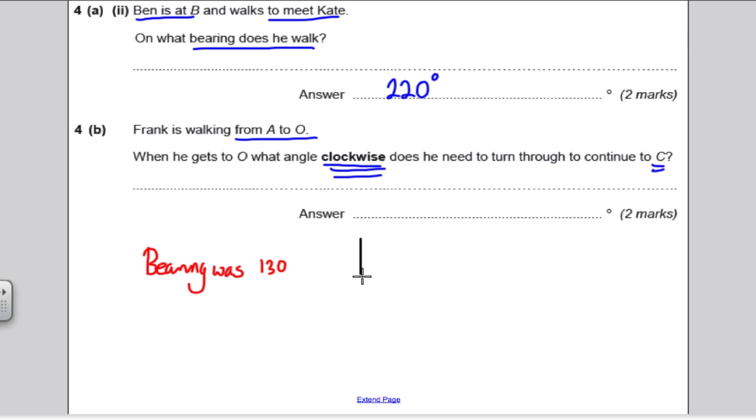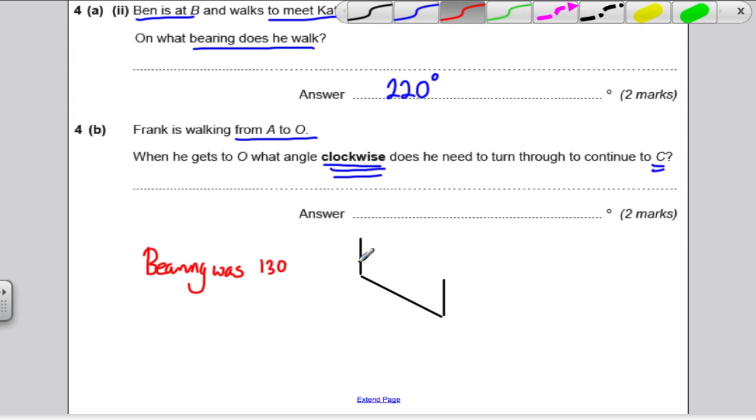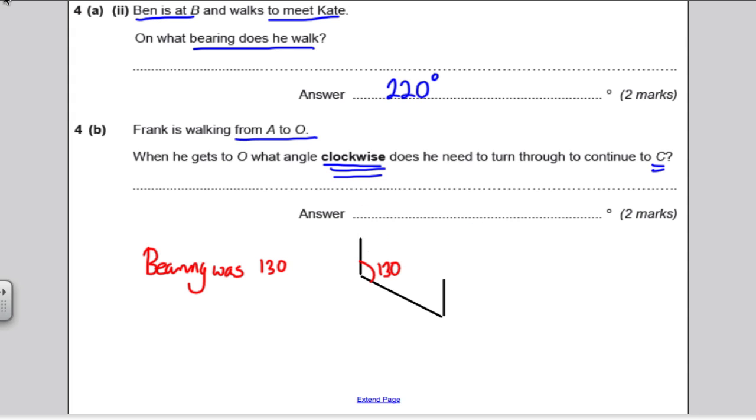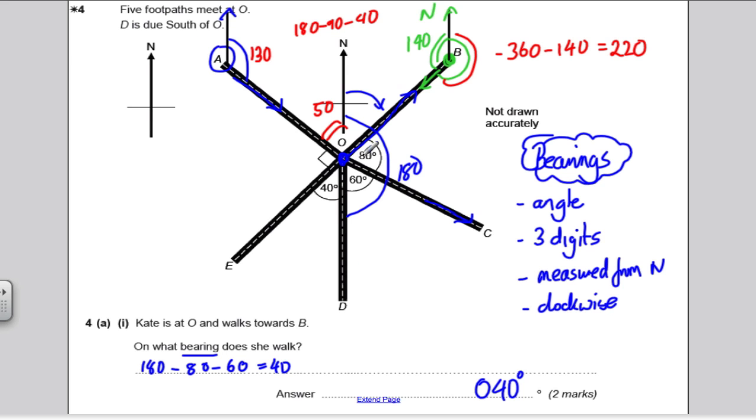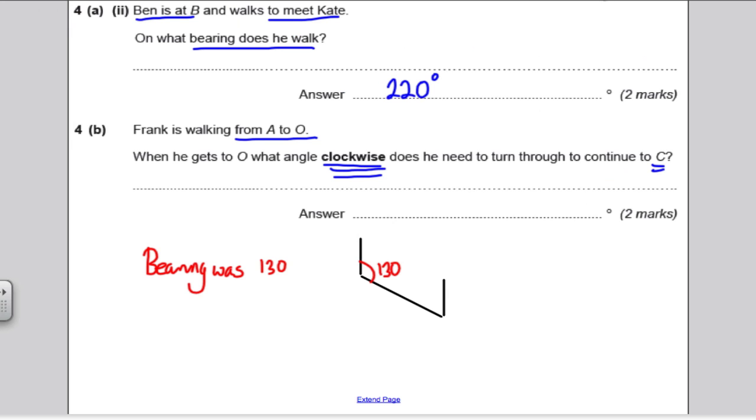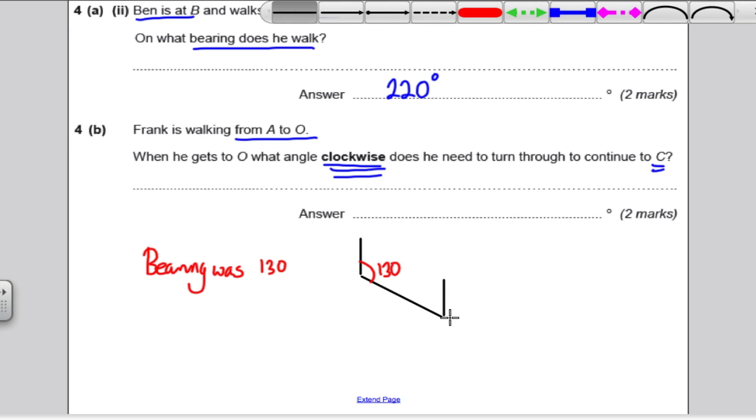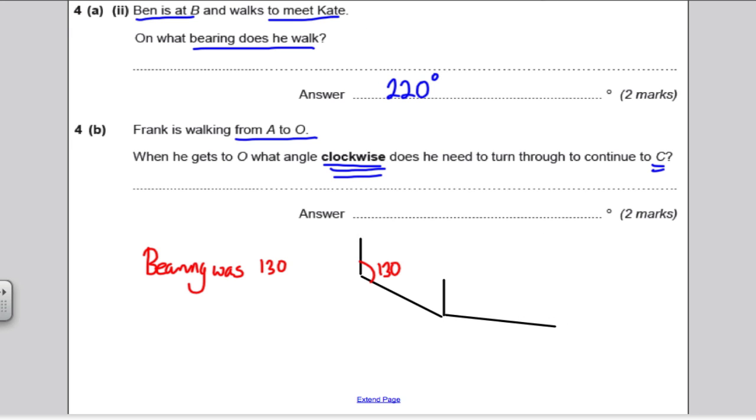So let's just make it clear what we mean by that. From the point he was previously, he took a bearing of 130. But then to get to C, C for a bearing from north is this 40 plus 80. So C is actually on a bearing of 120.